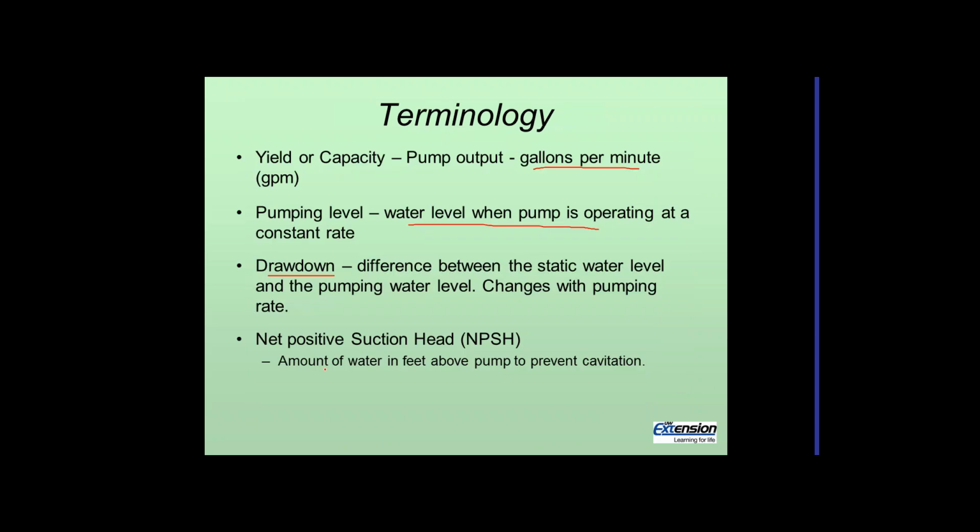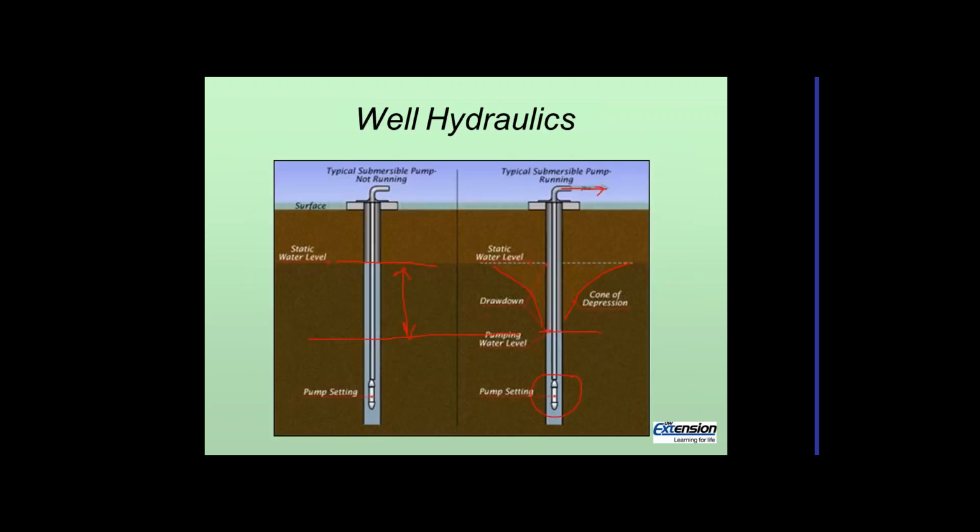Then the other point is the net positive suction head. All high capacity pumps will require some number of feet of water above the pump inlet, which on a submersible is on the top, so between here and where the pumping water level is going to be is the net positive suction head requirement.